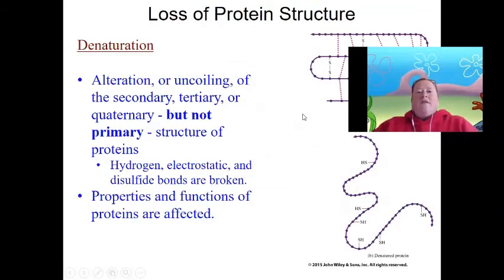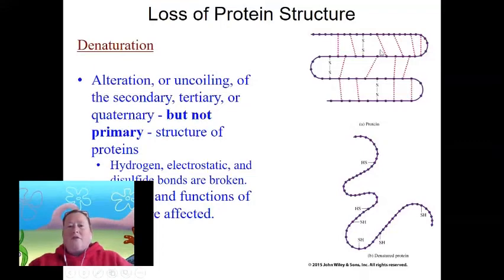Now, when proteins exist in their structure, sometimes that protein structure can become lost. That entire structure can become unraveled. So here's an example of that.